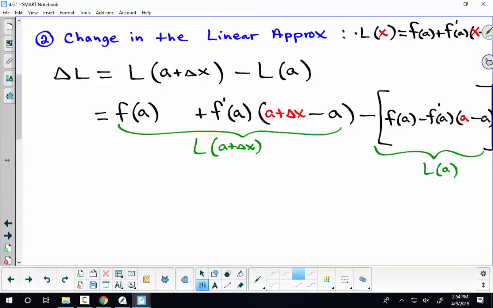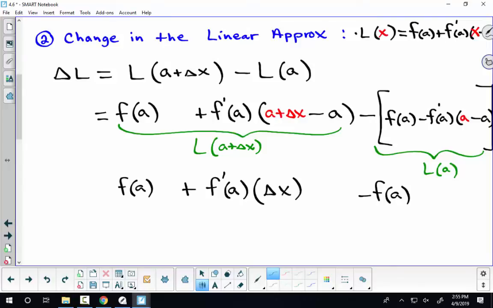So we can actually come up with a formula for the change in the linear approximation. Notice some of these things go away, because we have the derivative on the far right, the derivative times a minus a, all of that's 0. We're left with the minus f of a here. With the f of a here, those two things cancel, and we're just left with f prime of a, in parentheses here, a plus delta x minus a.